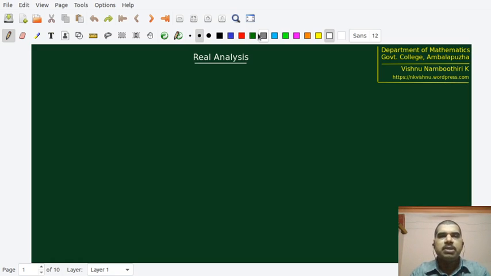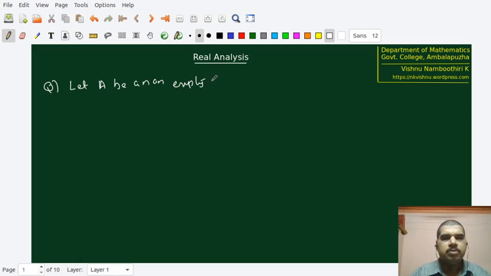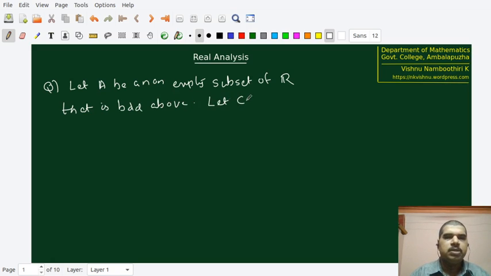The question is precisely the following. Let A be a non-empty subset of R that is bounded above. Let C belong to R. So C is a real number.